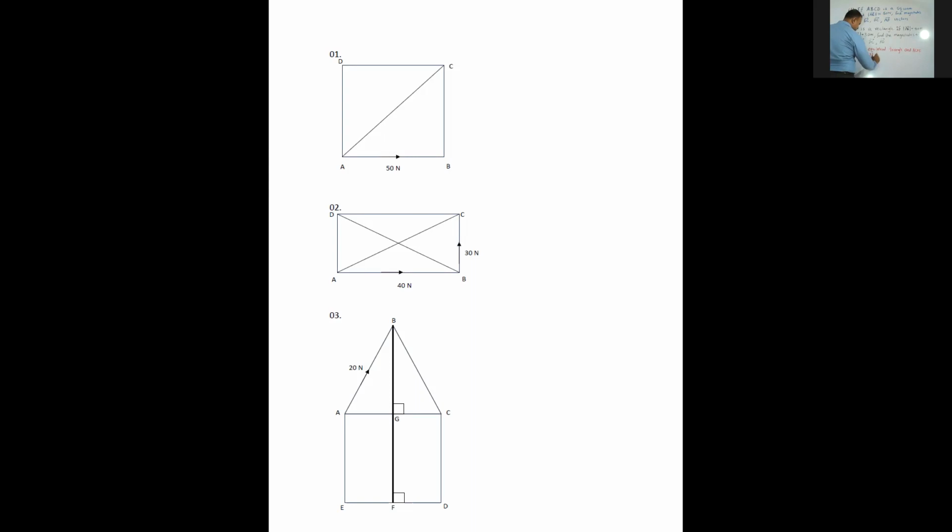If the magnitude of the AB vector is equal to 10 Newton, find the magnitudes of the following.